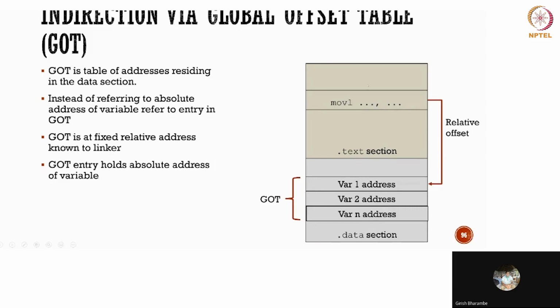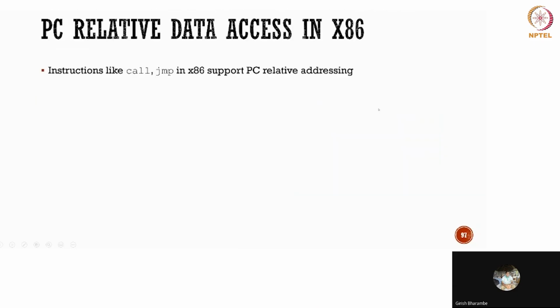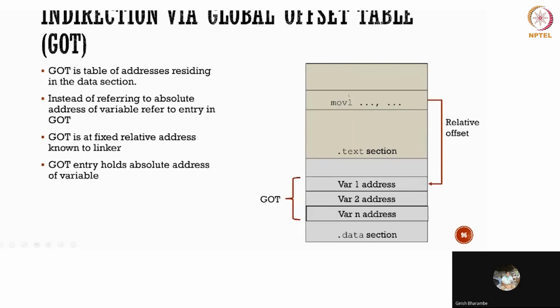So you can change this move instruction to first load the GOT address. The GOT is known at a fixed relative offset, so you should know that the GOT is at this PC relative offset from this instruction.